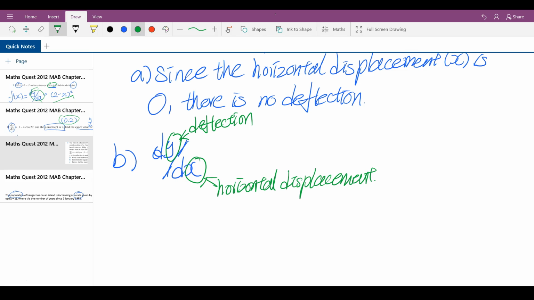Understanding that, it tells you the answer of A anyway. Since the deflection is with respect to the horizontal displacement, when there's no horizontal displacement, such as x equal to 0, there's no deflection.